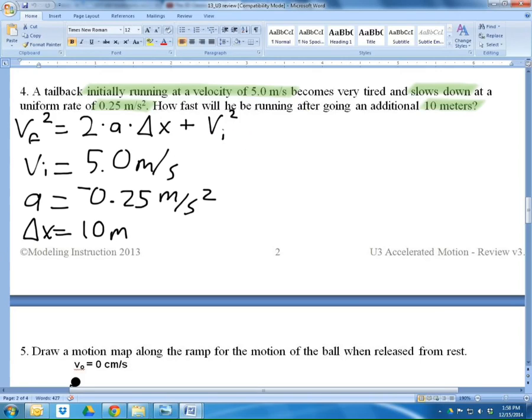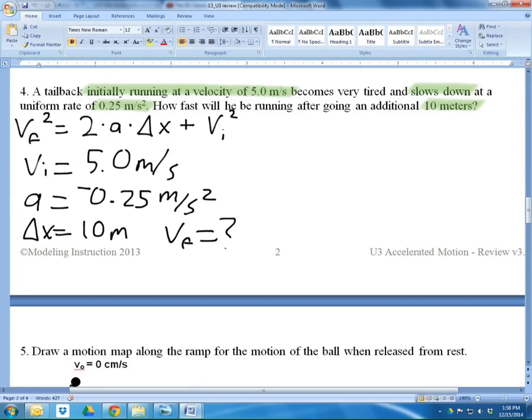Okay? That's going to be a final velocity. So what I'm going to do there is I'm going to actually write it down. I'm going to have velocity final is equal to unknown. So now all I have to do is take all of this information down here and plug it into this formula right there. Okay, so let's plug it in.